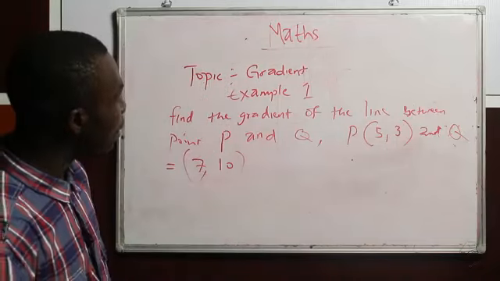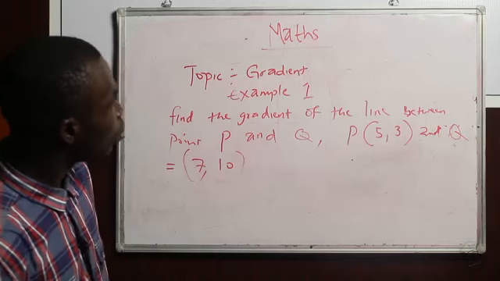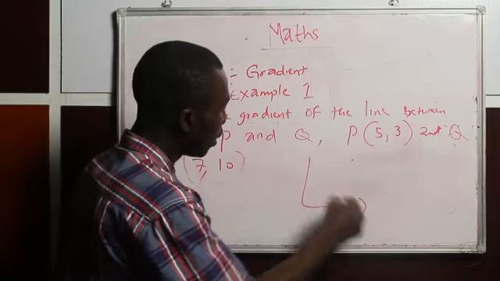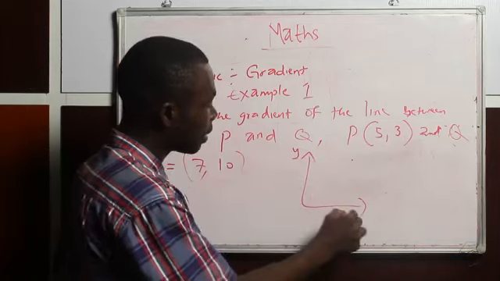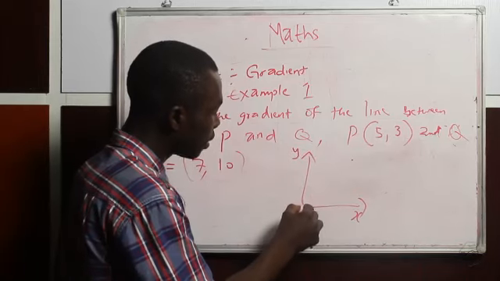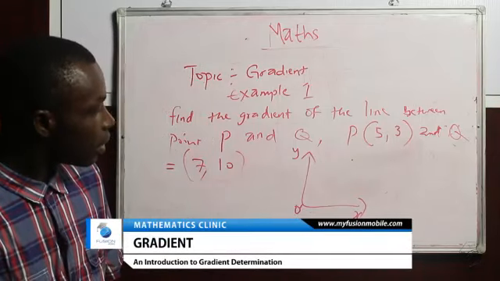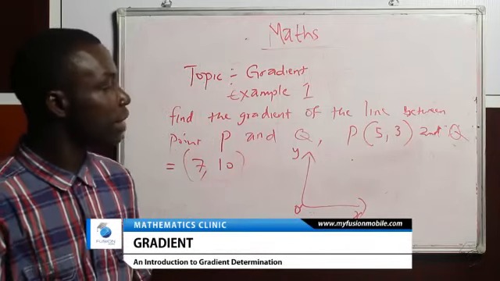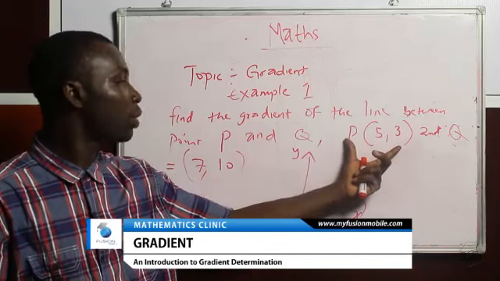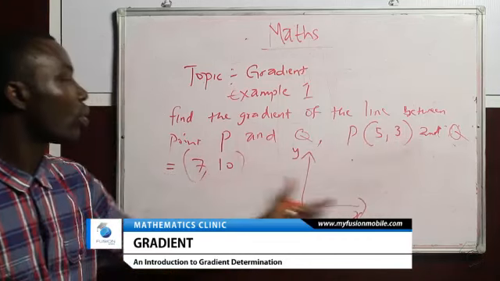Now, the first example I gave shows that this is the y-axis, this is the x-axis, this is point 0. Now, how do we find the gradient between this P and Q on a straight line?